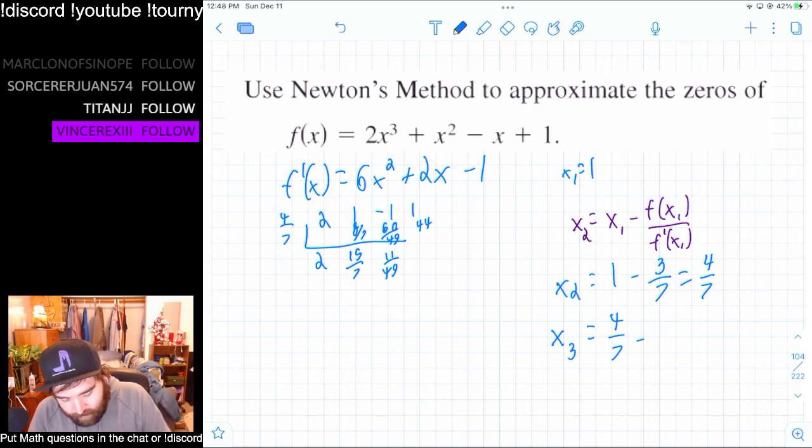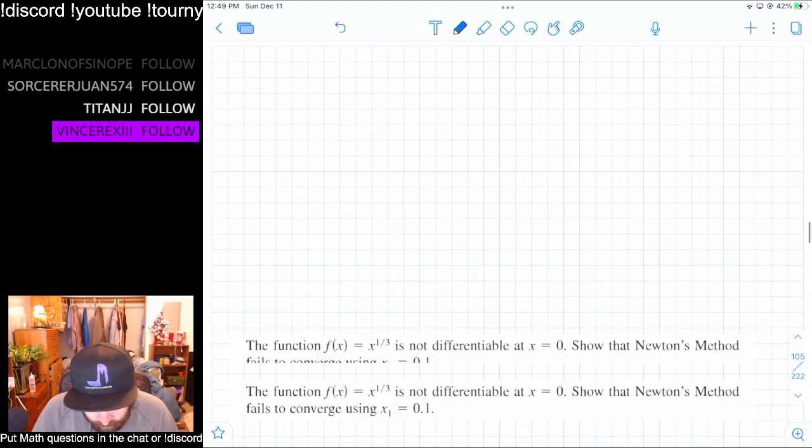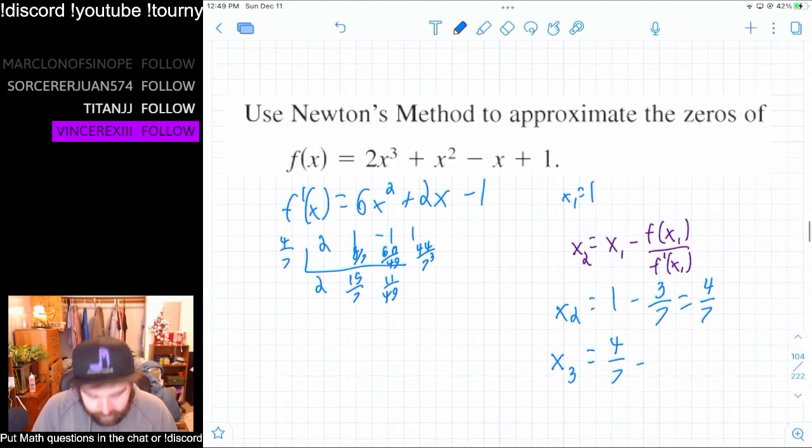And then adding them. That's kind of ridiculous. And then dividing it by another ridiculous thing. So, I feel like we get the gist of that.